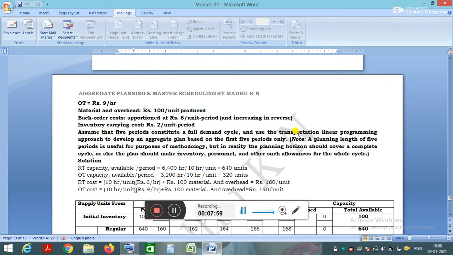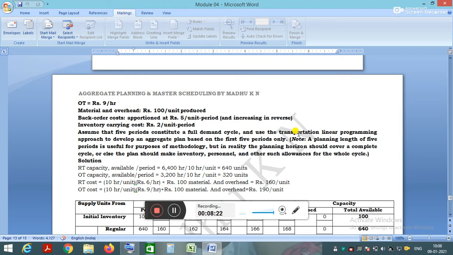Regular time cost is 6 rupees per hour, and for one calculator 10 hours are required. Therefore the labor cost is 60 rupees, plus the material cost of around 100 rupees to produce one calculator. So in the regular time, one calculator costs the company 160 rupees.